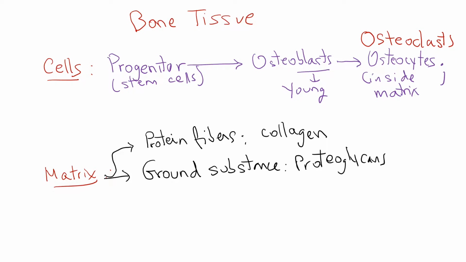Bone tissue, however, has a third component, which is inorganic, and it's made of calcium phosphate crystals.